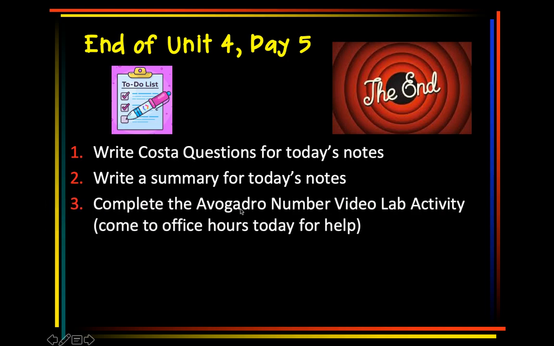But then also there is the Avogadro number video lab activity. So there's a handout and then a video link to get a better idea of what Avogadro's number looks like in a lab setting. Since it's such a huge number, it just is really hard to imagine or use. We're going to make it a little bit more user-friendly by doing that lab activity.